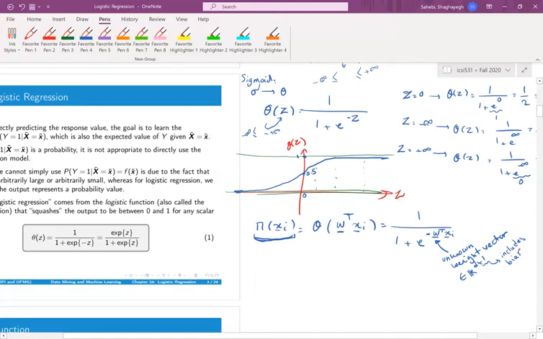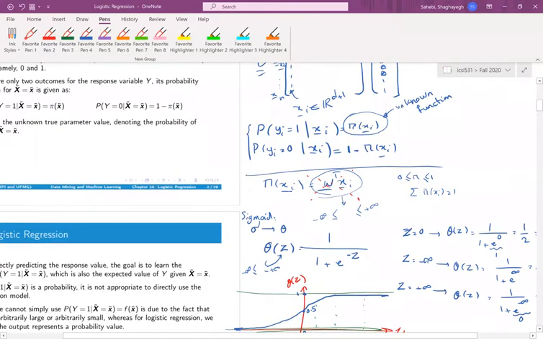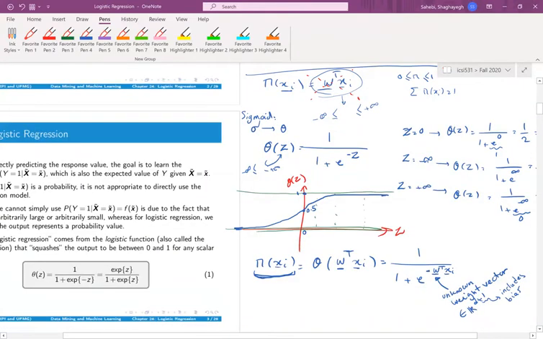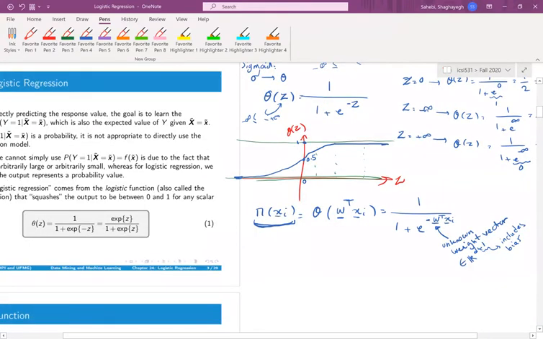Okay, so now our goal is to find W. It's a little bit simpler because pi of xi could have been any function, but here we have defined the type of function that we are looking for, and we now are just looking for the parameters of that function.